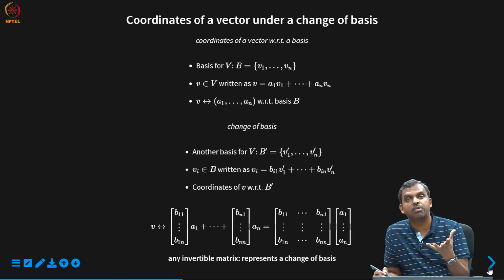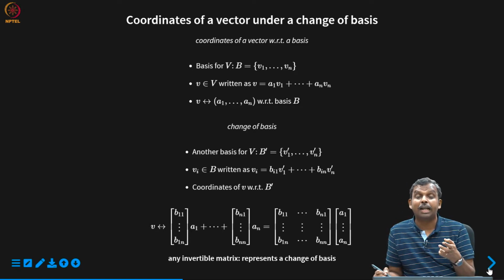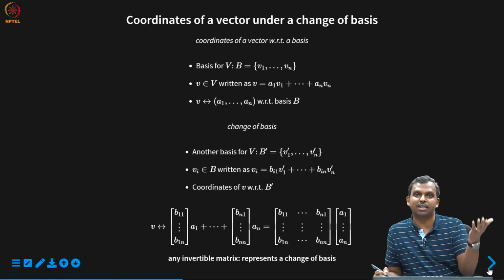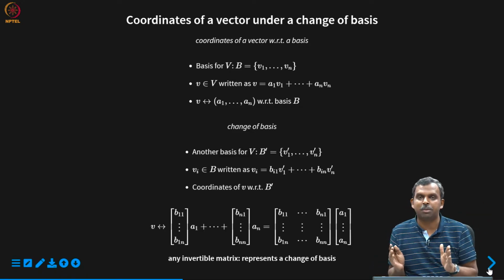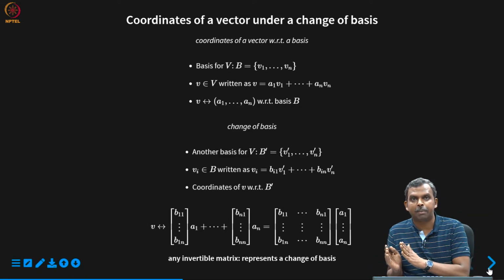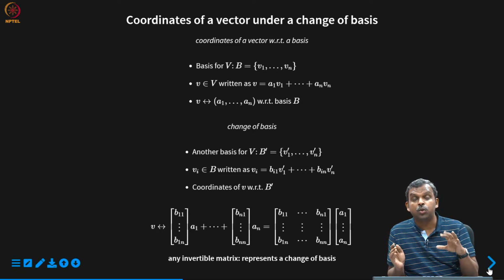And the opposite is also true. Suppose somebody gives you an invertible matrix, you can think of that as a matrix representing basis transformation, right? Why? Because you can imagine a basis with the columns of that matrix being the new basis. Okay, so you take any invertible matrix, the columns are linearly independent, and together they span the space. So you can imagine a new basis being just defined by this matrix, right?